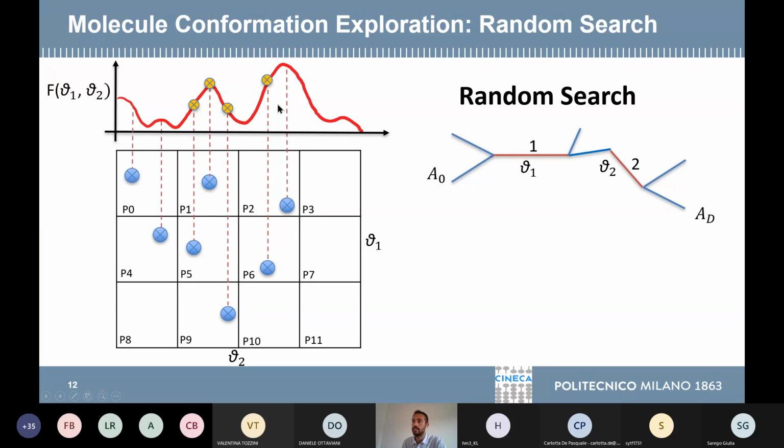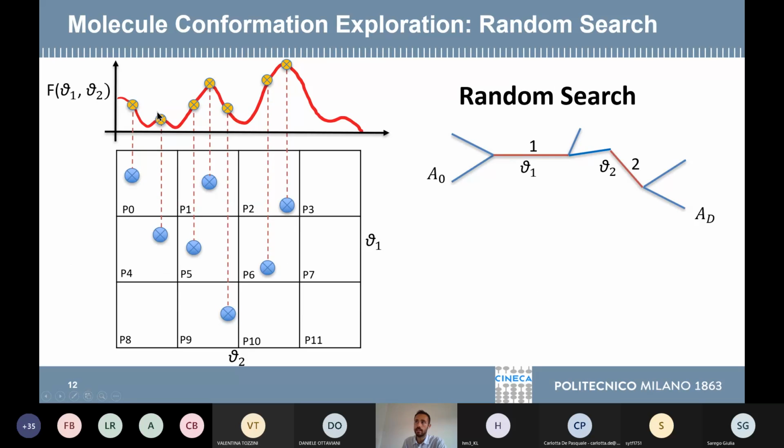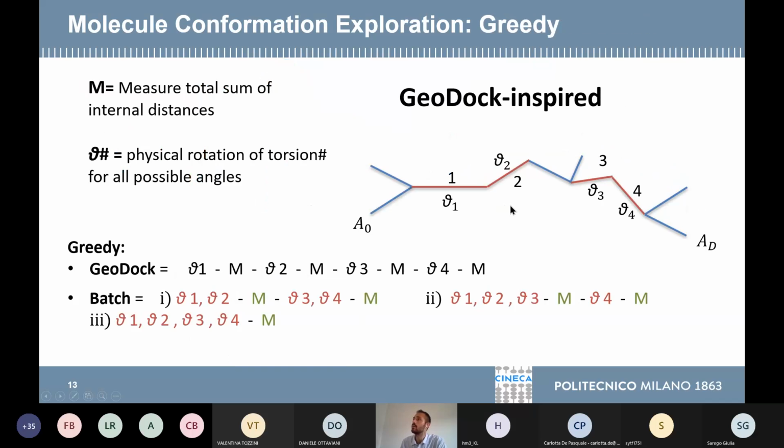And basically take the best one that you find as the best configuration you were able to find. So it's like a random process, a random search. And actually these work quite well.